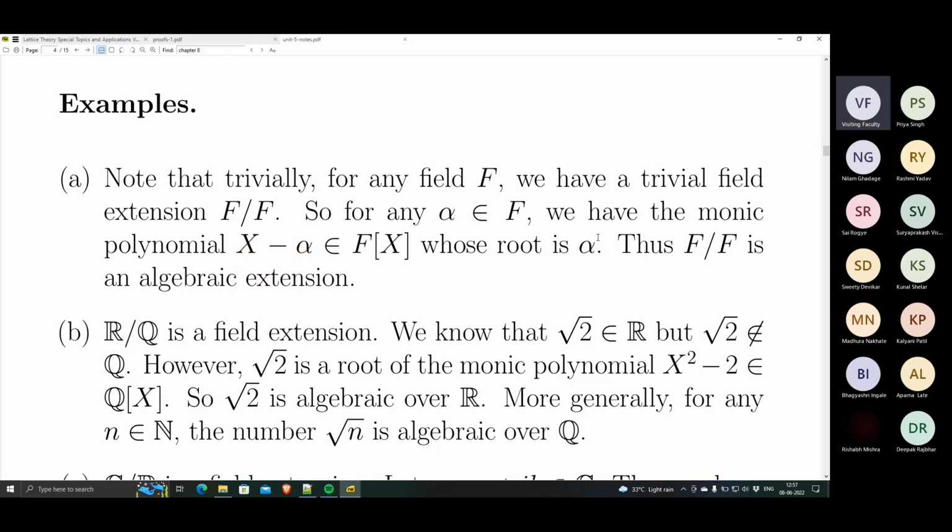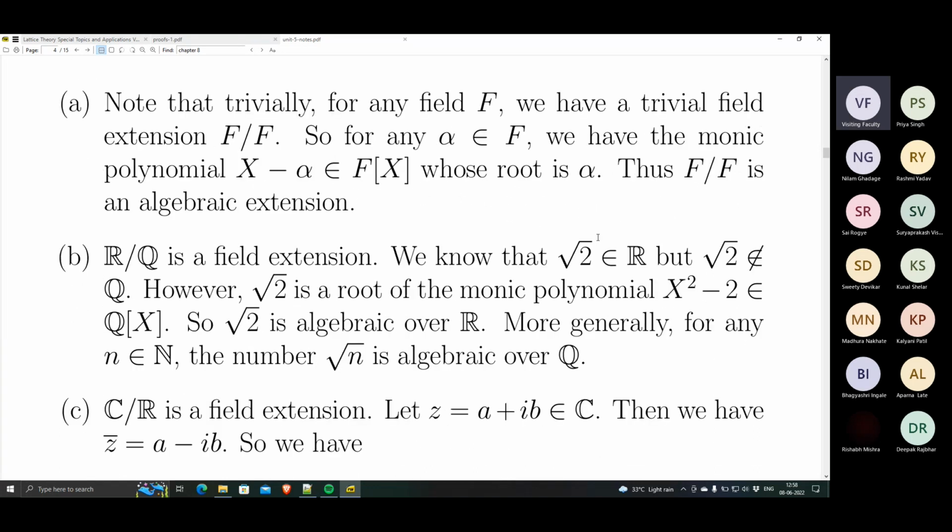This is very trivial. What is a polynomial over F such that it vanishes at the point alpha? x minus alpha, because alpha is an element of F itself. Right? So for every alpha in F, there is a monic polynomial x minus alpha over F whose root is alpha. Therefore, F over F is an algebraic extension because every element alpha of F is algebraic over F itself.